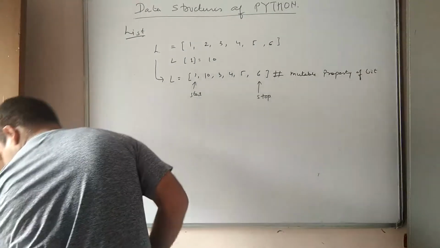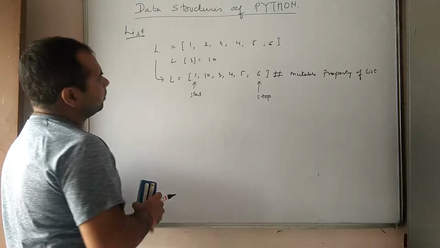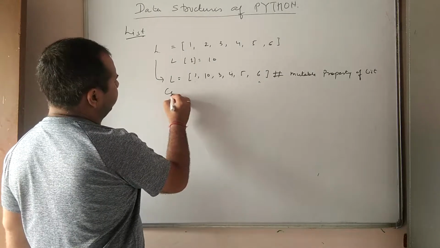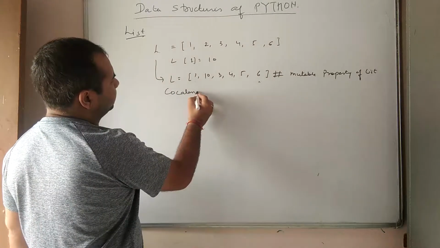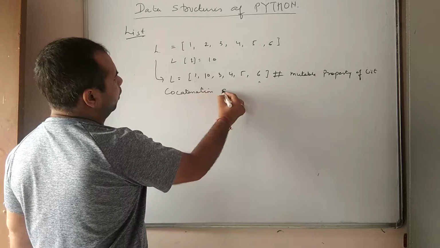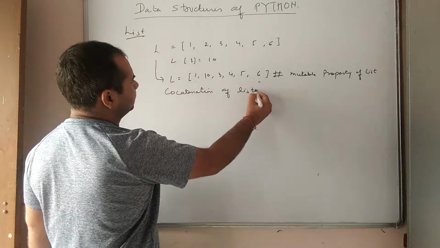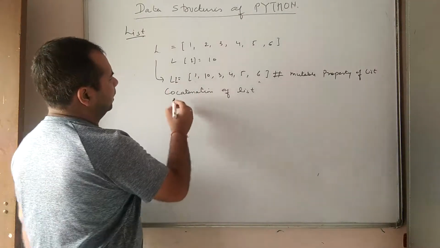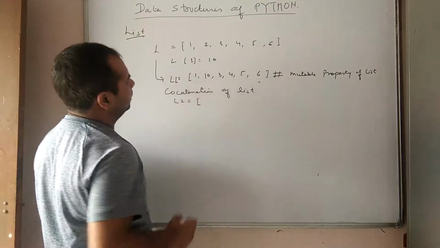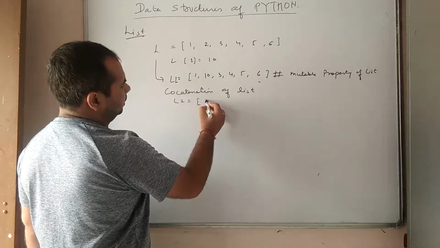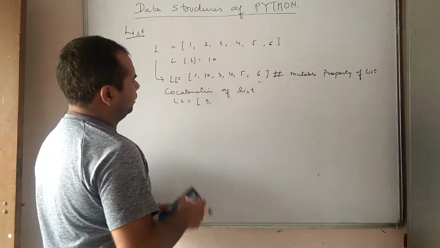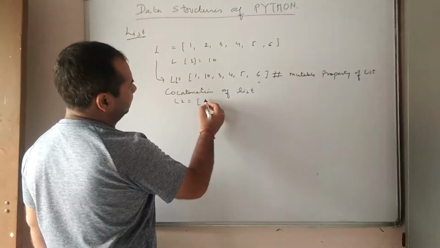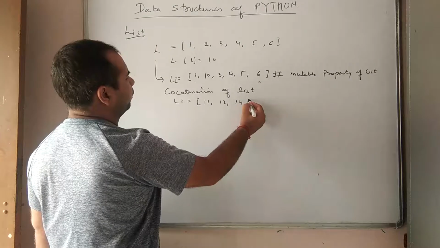The first one is concatenation of lists. Suppose this is L1, and let us take another list L2. Since 5 is already there, to avoid duplicacy let us take 11, 12, 14.